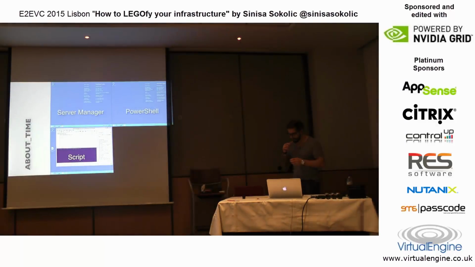So as a small example, I want to show you the differences in time when you do stuff manually. In the upper left corner, there's a Server Manager where I click the web server role together. Here I open a PowerShell console and do an Add-WindowsFeature Web-Server. And in the lower left, I have prepared a little script.